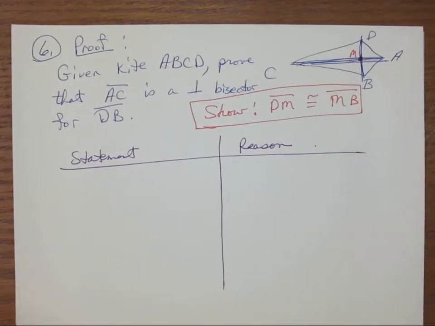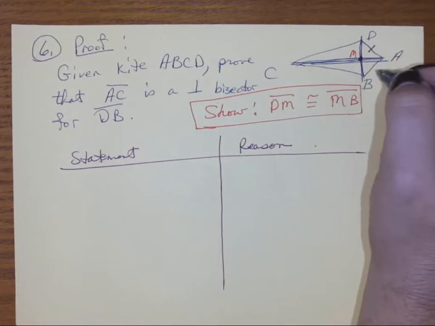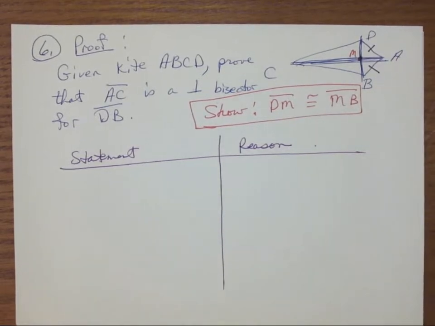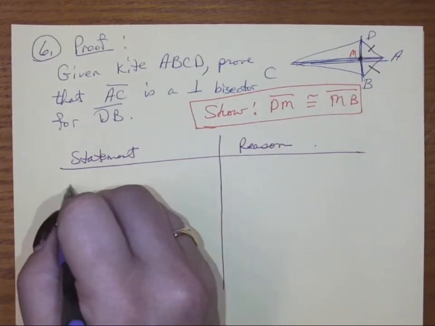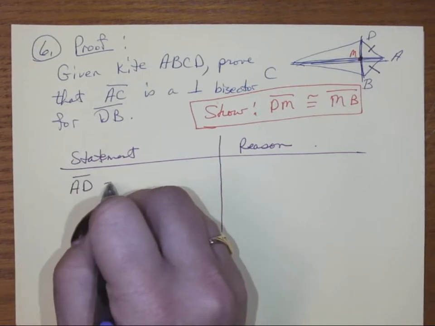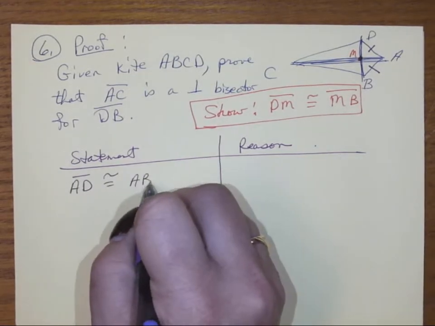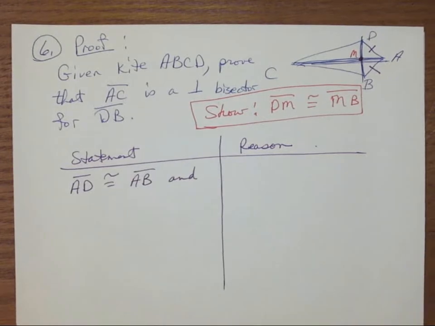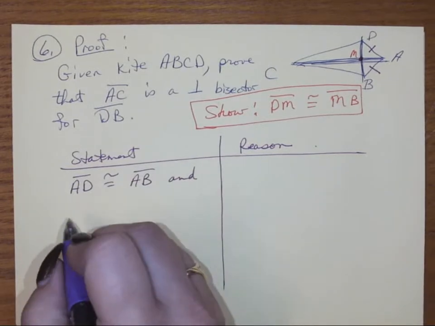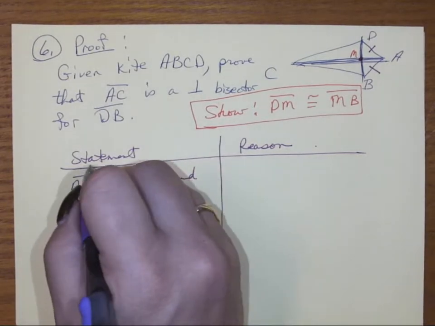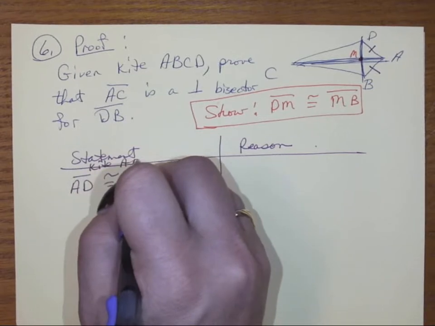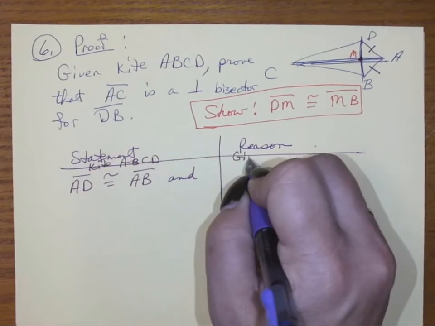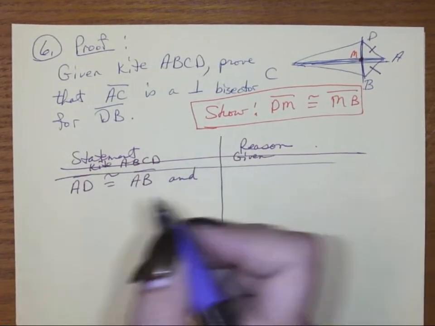So the definition of a kite is that the 2 adjacent sides are congruent. I should probably start with kite ABCD, sorry. And that would be my given. So stick that up in there.